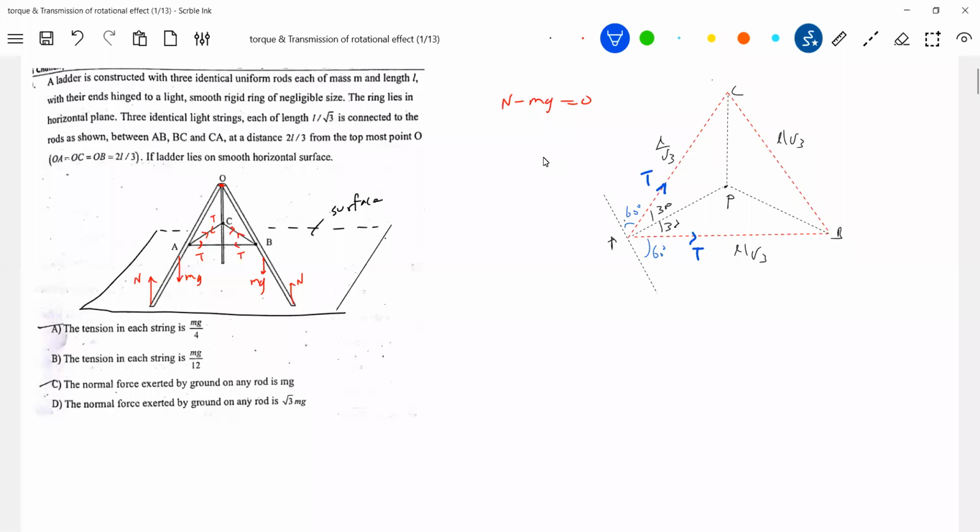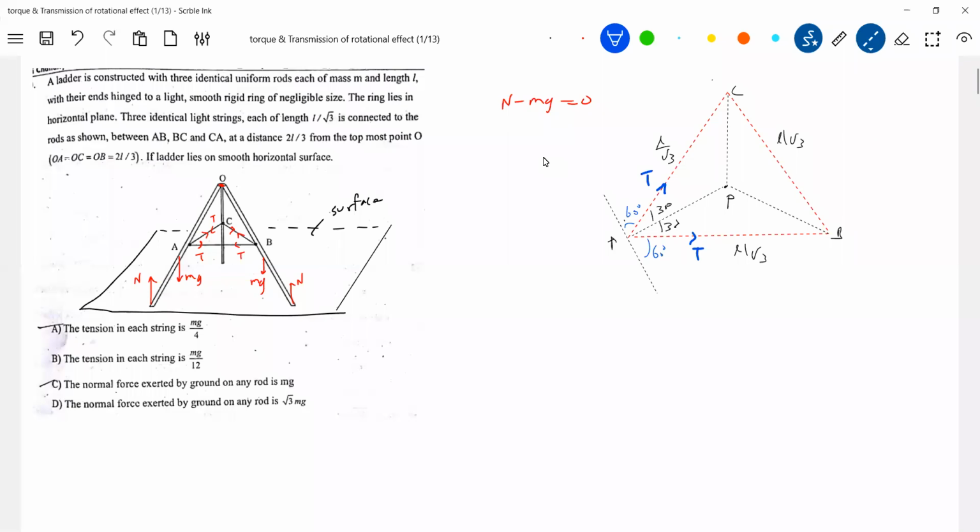From O, I'll get an equilateral triangle, and that is this ACB. I'm just showing tensions on this one. And there's a point P. What can be point P? Will it lie exactly below O? Yes, it must. It's an equilateral triangle, so point P will exactly lie below O.